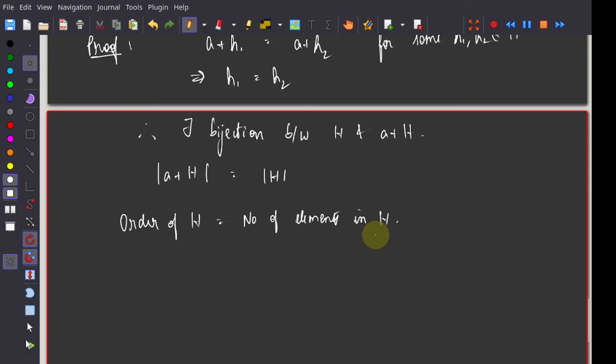So in particular, if H has finite order, then every coset has the same size as the group. Okay, so now that's one property that we need.